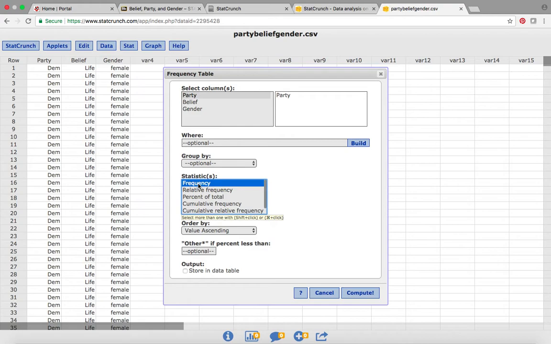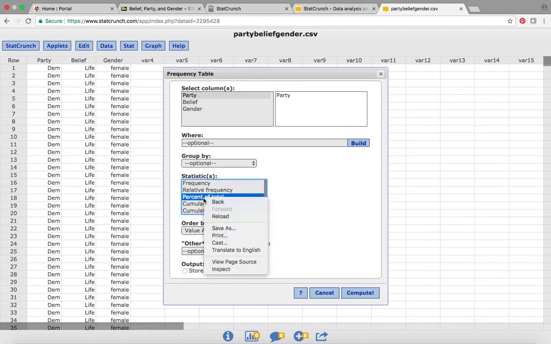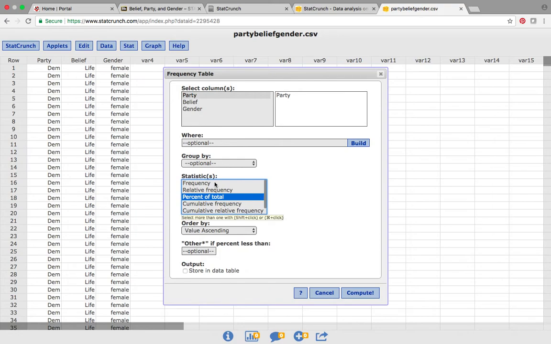And I have a Mac, so I'm going to choose shift, and I want to do frequency and percent total. So it says command click. All right.